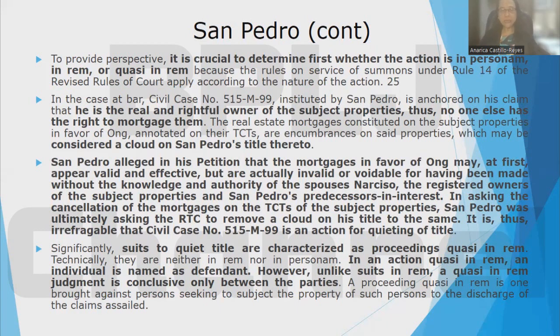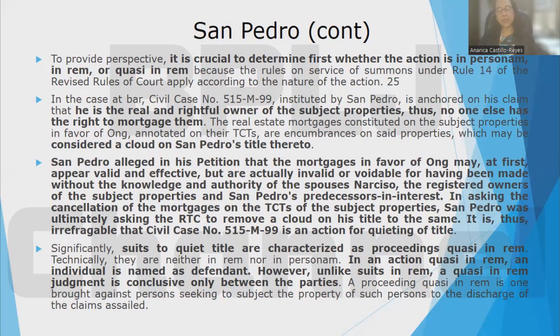In this case, which was filed by San Pedro, it is anchored on his claim that he is the real owner of the properties. Thus, no one else has the right to mortgage them. And the mortgage constituted on them may be considered as a cloud on his title.